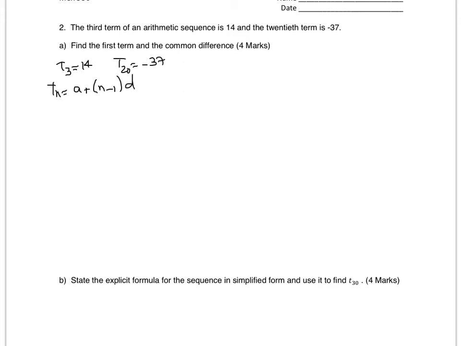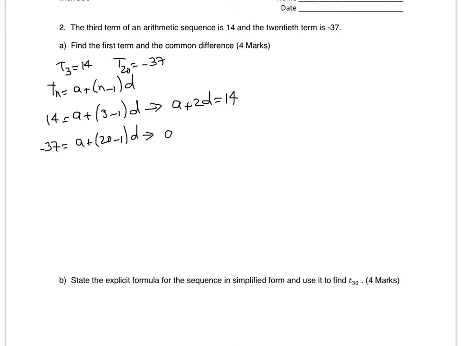T3 is 14, so we say that 14 is a plus, since n is 3, 3 minus 1 times d. From here I get a plus 2d is 14. This is my first equation. The second one, T20, is negative 37. So negative 37 is a plus 20 minus 1 times d. So from here I get a plus 19d is equal to negative 37.